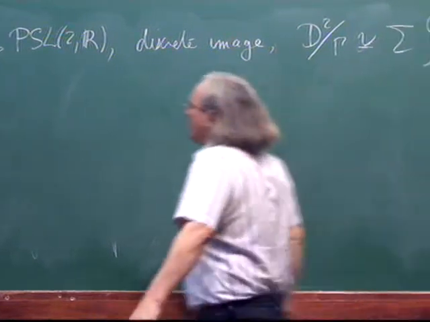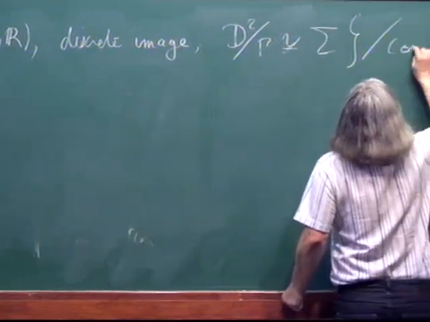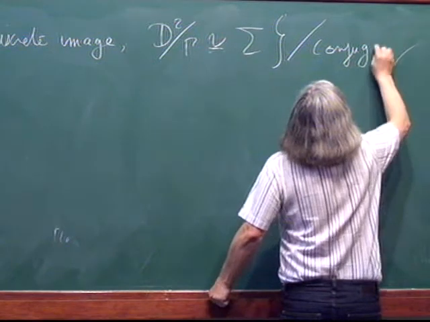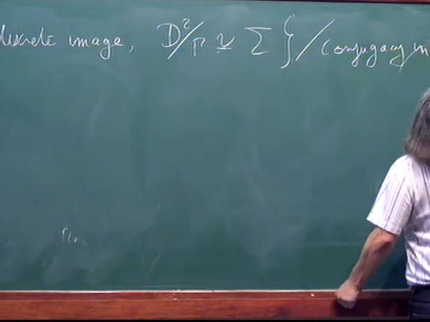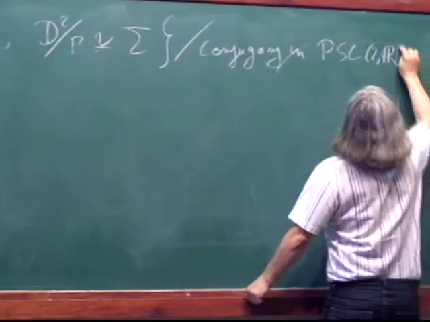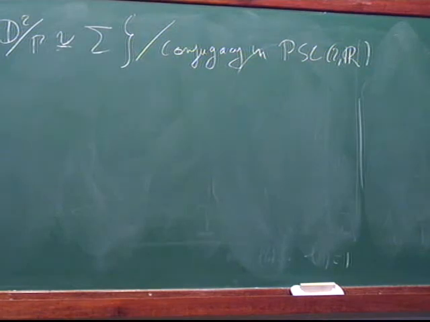And I will take the quotient up to conjugacy in PSL2R. So this is the space of Fuchsian groups of a given genus.